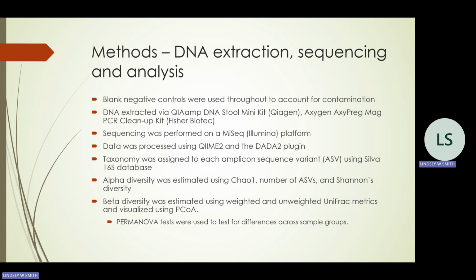Similarly to the previous study, they rarefied their data for diversity analysis with a minimum sequence depth of 3,838 for the captive-to-wild and 5,530 for the wild-to-wild. The taxonomy of the ASVs was assigned by comparison to the Silva 16S database.